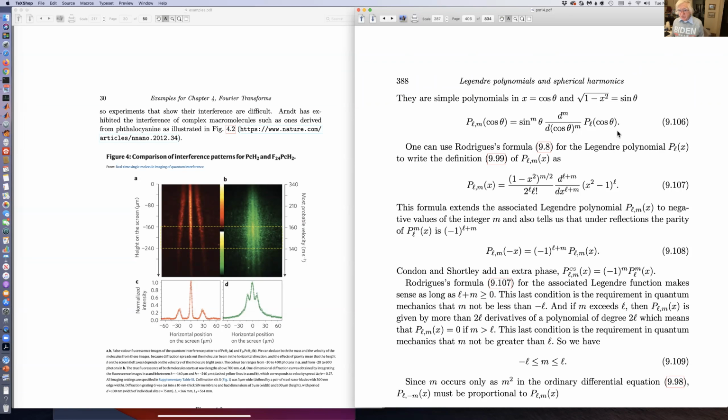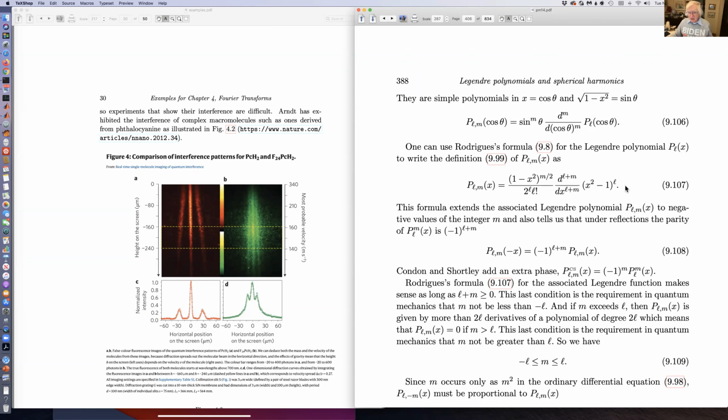And then one can use Rodrigues's formula to write the definition of P_L^M somewhat more simply. That is to say, we know that P_L is an lth derivative of this expression. And so we just differentiate another m times and multiply by this factor.